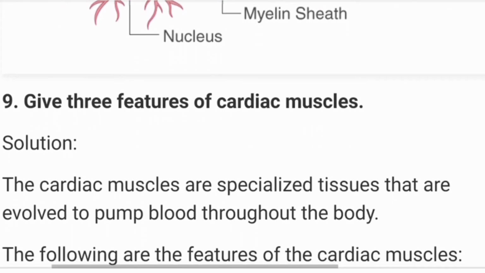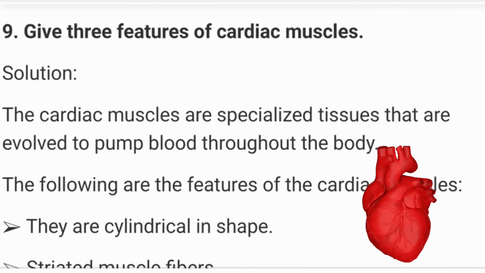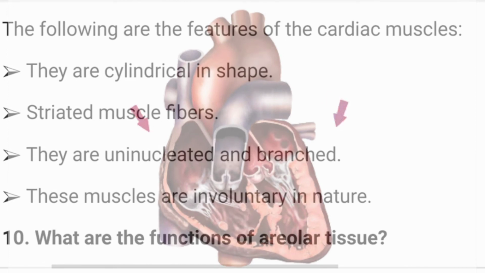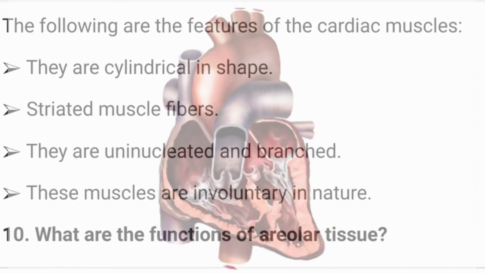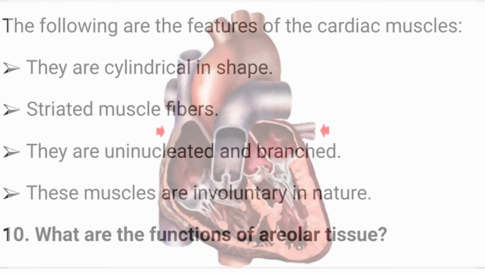Give three features of cardiac muscles. The cardiac muscles are specialized tissues that have evolved to pump blood throughout the body. The following are the features of the cardiac muscles. They are cylindrical in shape, with striated muscle fibers.